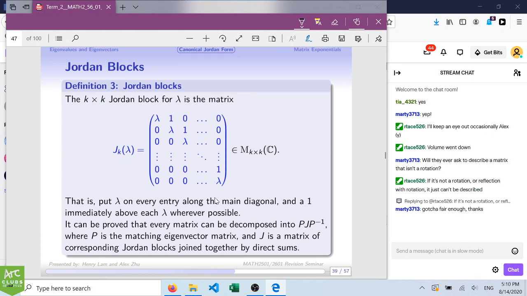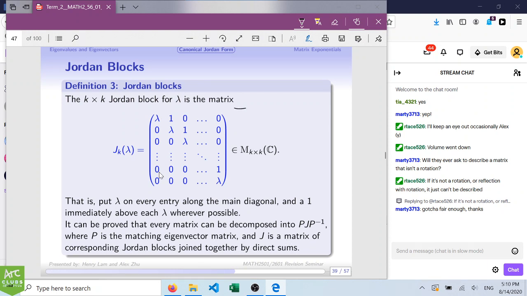Jordan blocks are basically the chunks that compose a Jordan form. A Jordan matrix is the direct sum of Jordan blocks.